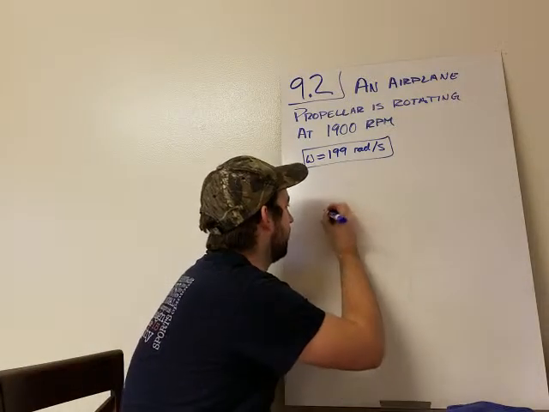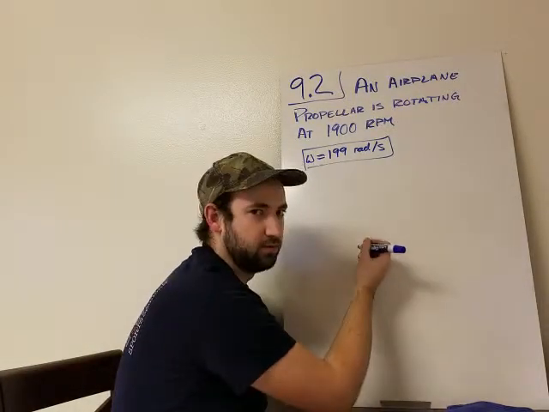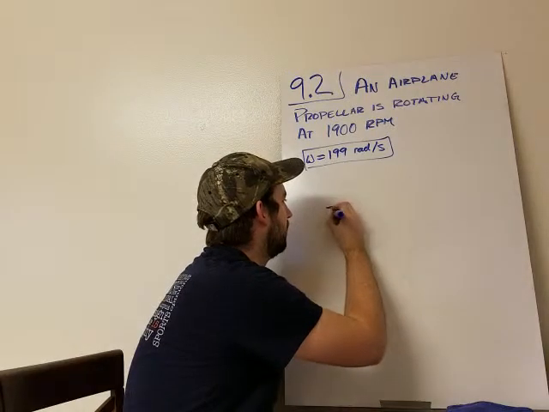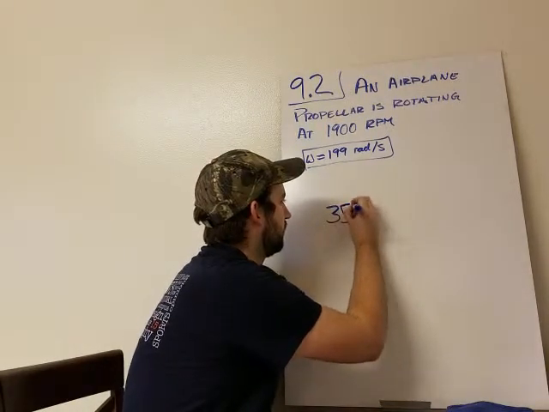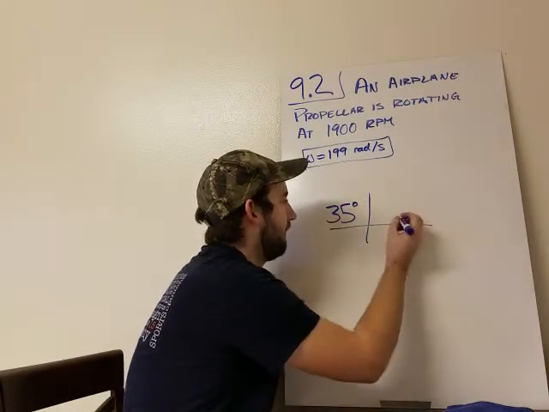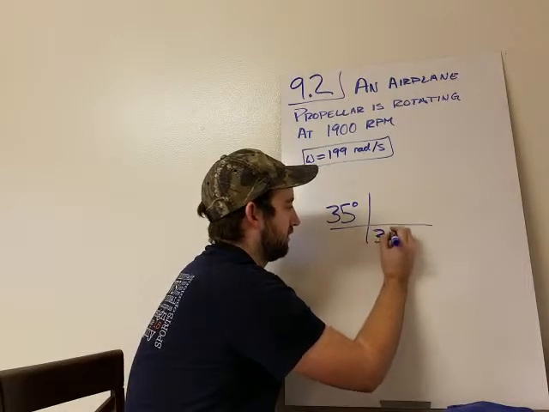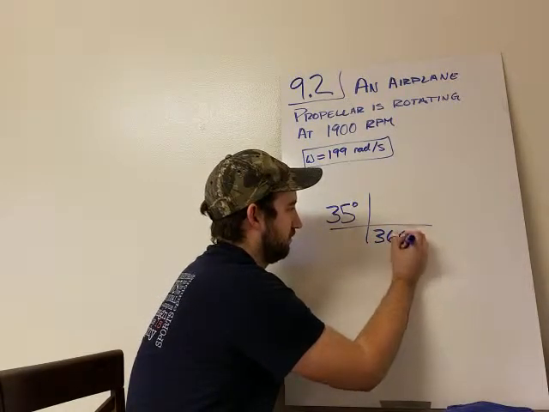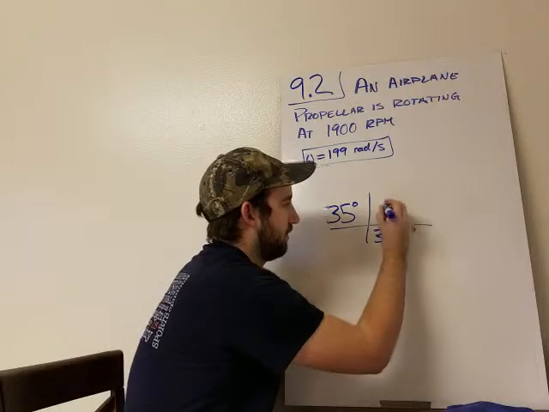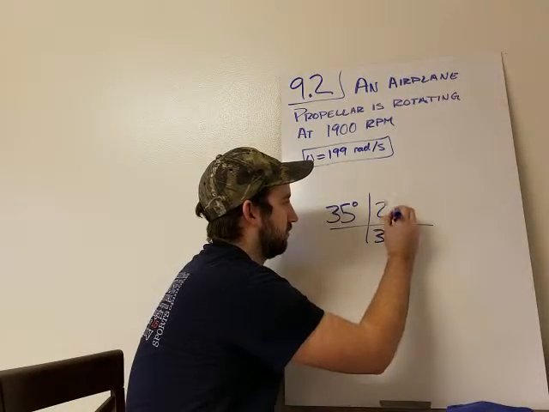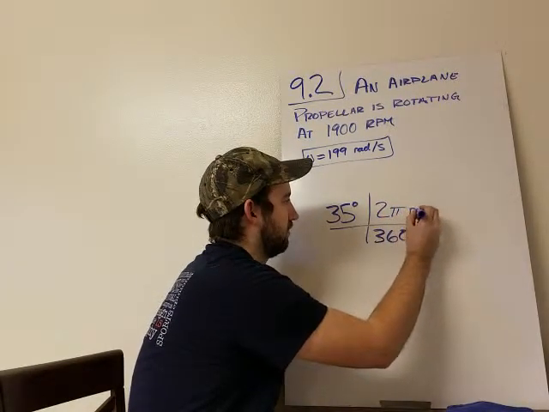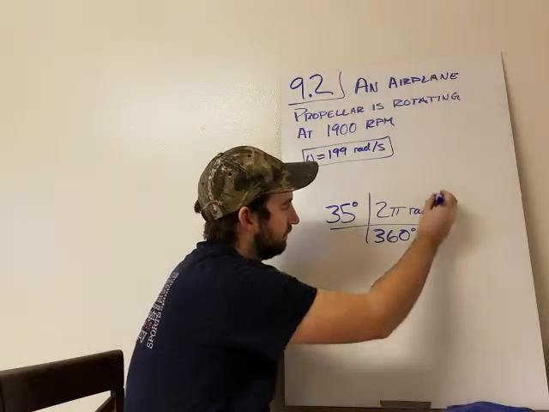And so the way we do that is similar to what we did in part A. We have 35 degrees, and we know that 360 degrees is equal to 2 pi radians.